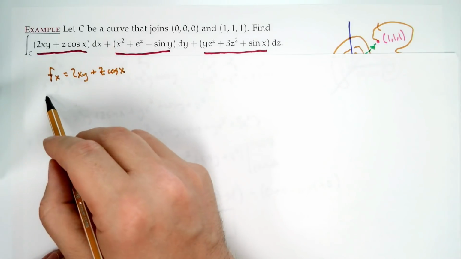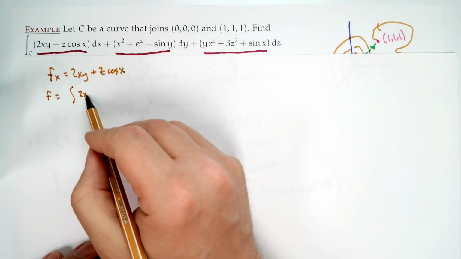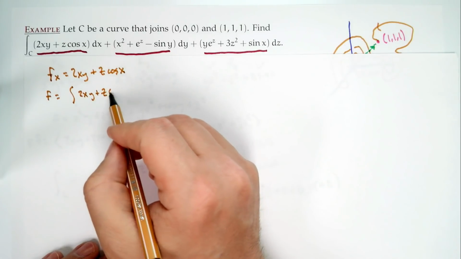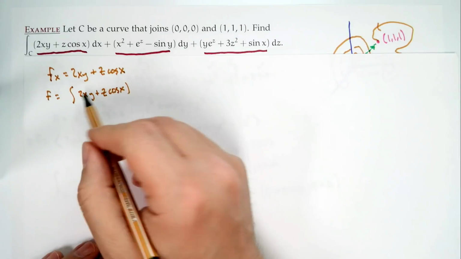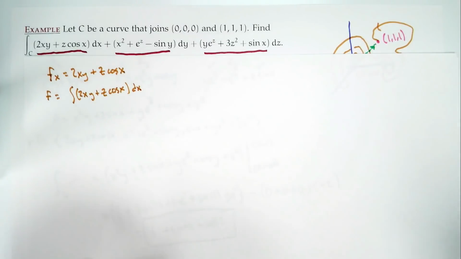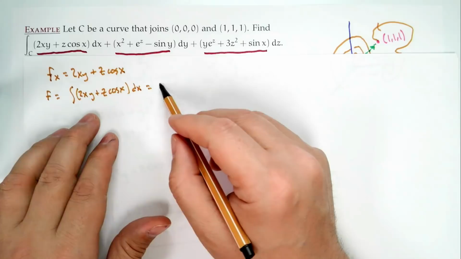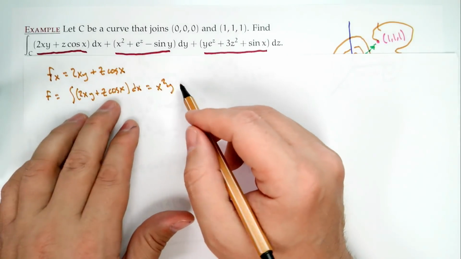So now if I want just f, the function, I integrate with respect to x. Now here's the key. When we integrate with respect to x, we treat the other variables as constant. That's half the key. And so doing that, what do we get? Well, we get x squared y plus z sine x.